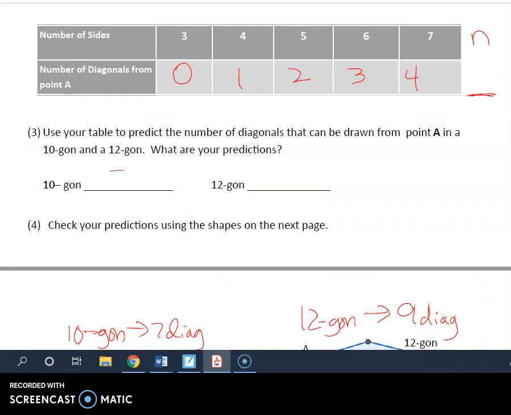One of the questions I posed was, if n represented the number of sides, then what expression could I use to determine the number of diagonals? So hopefully you noticed that the number of diagonals is always 3 less than the number of sides, or another way, the number of vertices, because the number of vertices and the number of sides is actually the same number.